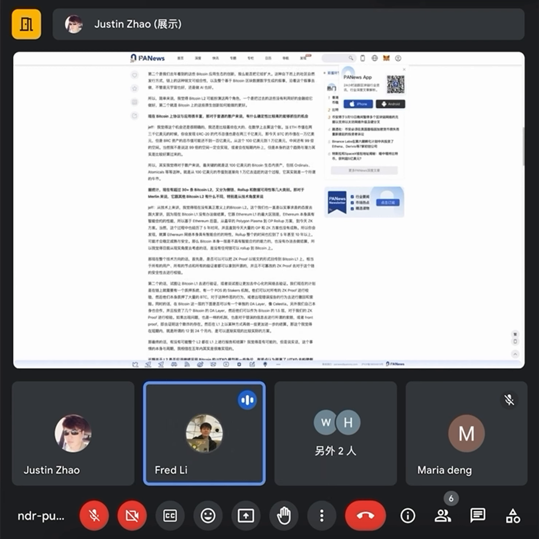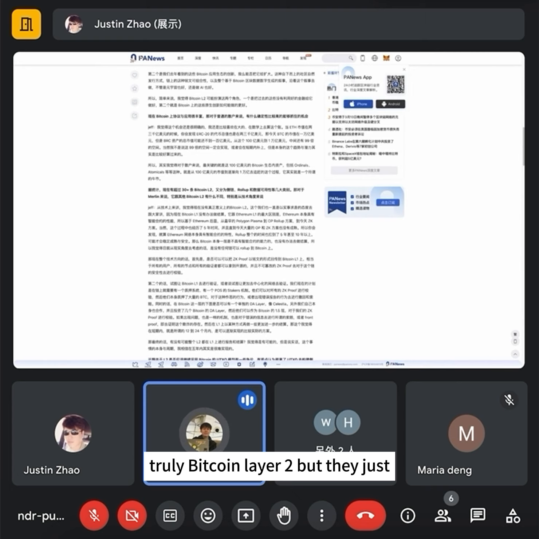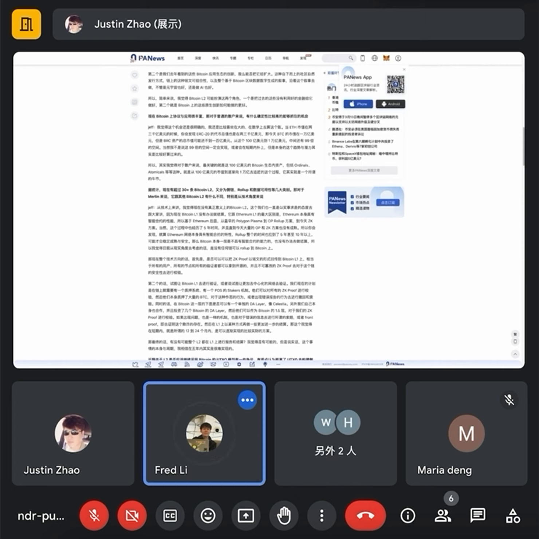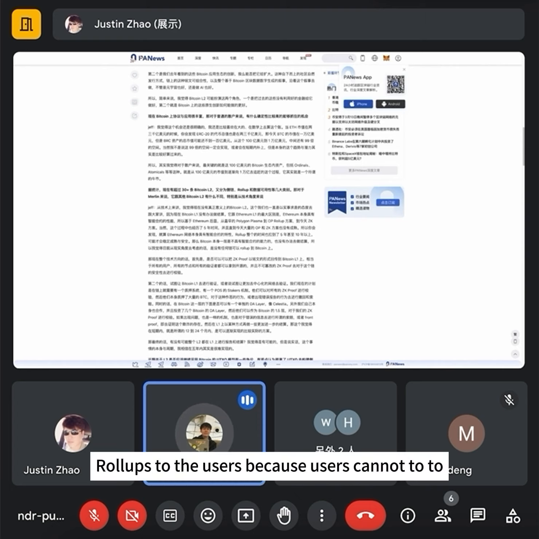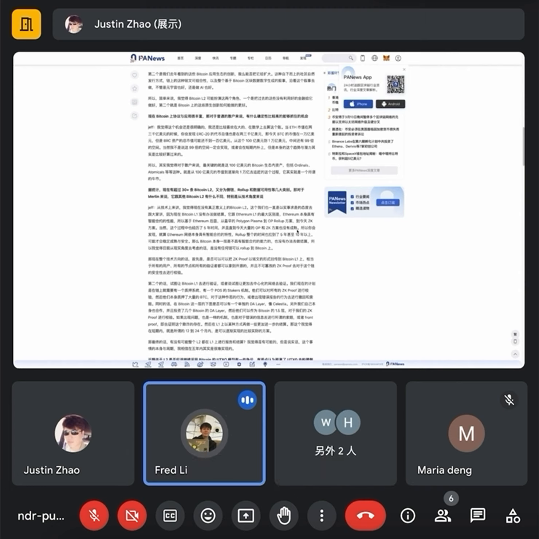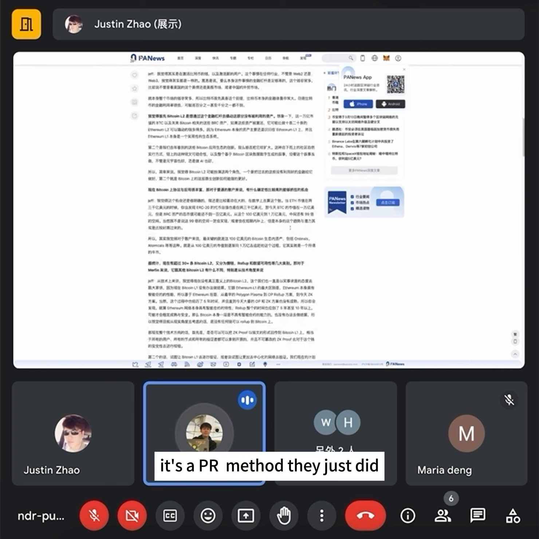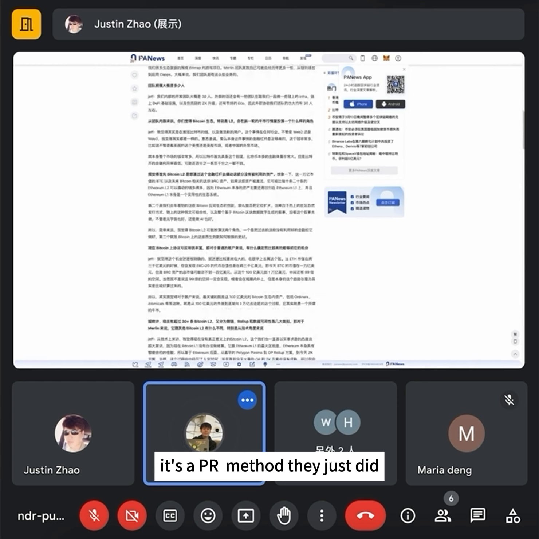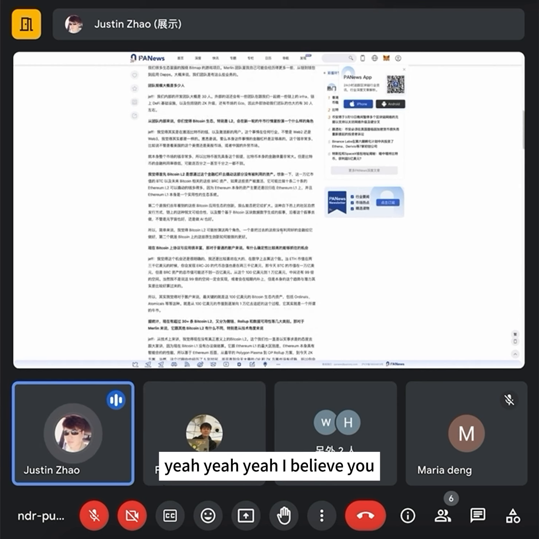They're not truly Bitcoin layer 2, but they just say they are rollups to the users, because users cannot tell whether they are rollups or not. But actually all of them are sidechains. I think it's a PR method. They just did. Yeah. I agree with you.